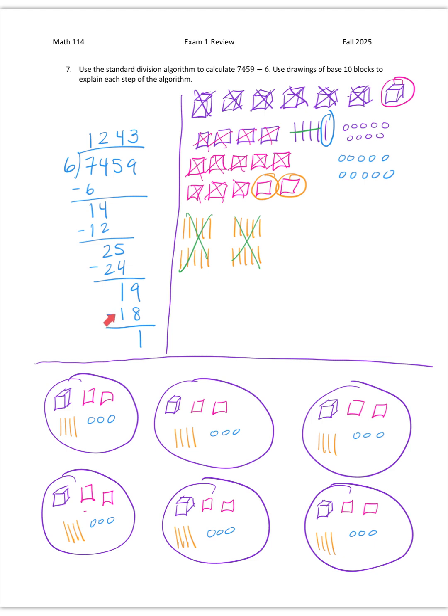I gave out 18 ones. I have 1 left over. Okay, so let's see. I gave out all but 1 of the ones. And this is my remainder. So when we look at the groups, I have 1,243 blocks in each group, and I have 1 left over.